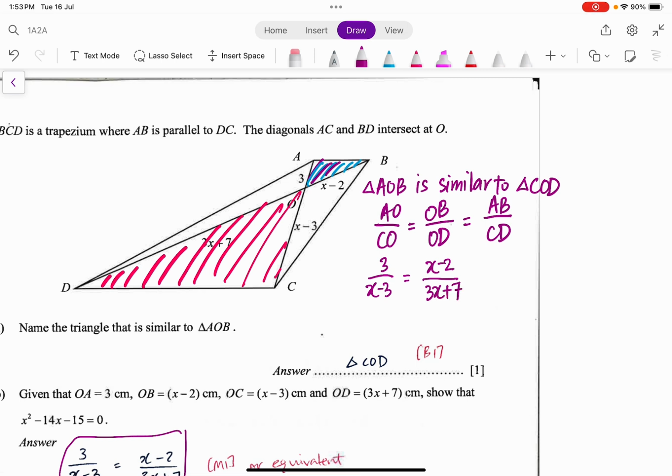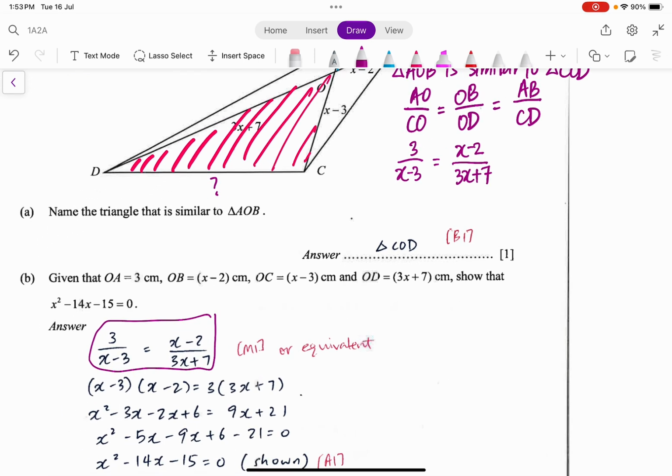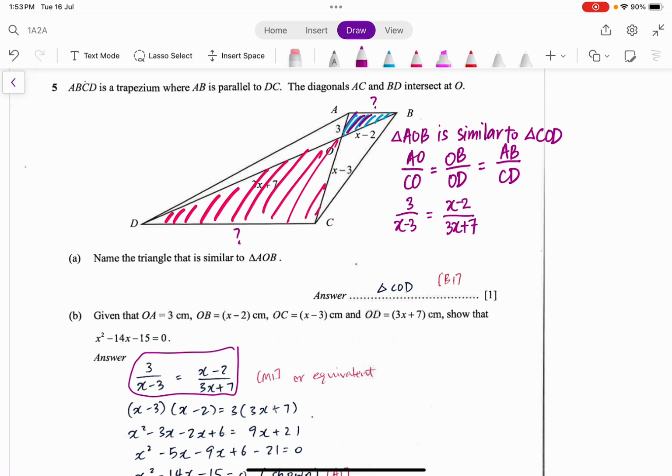I don't know AB, I also don't know CD, so I left them there as they are. That's how you got this equation, and I can start off here. That was from your similar triangles.